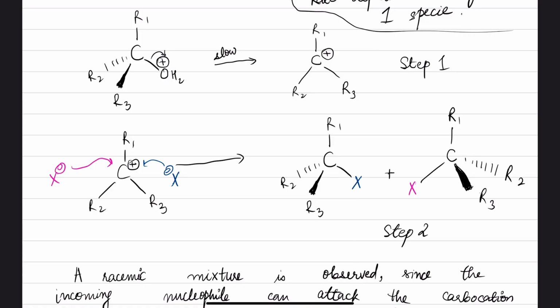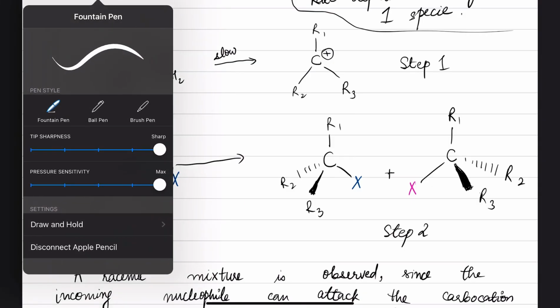So what happens is that you get a racemate, which means that both the stereoisomers are observed, and both are possible, and usually in the ideal case the ratio of them would be 1:1 or 50 and 50.